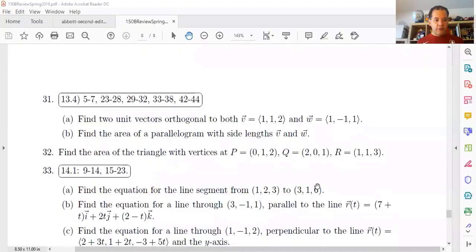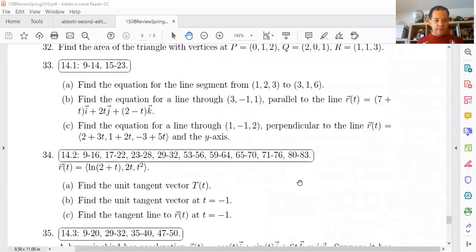And can you go back to 34B? What was 34B? Let me see. So 34B was the unit tangent vector at -1. It's right here.